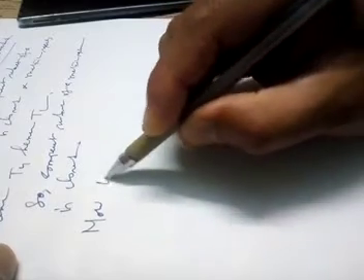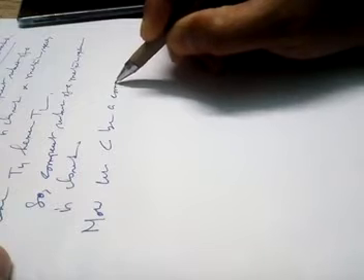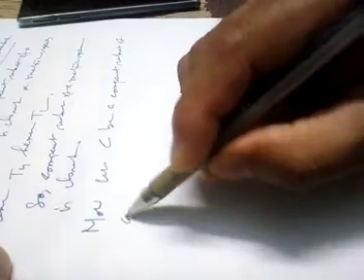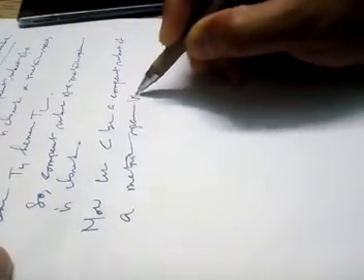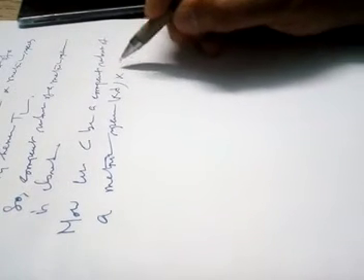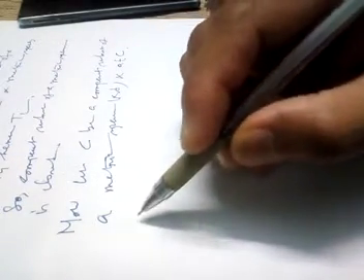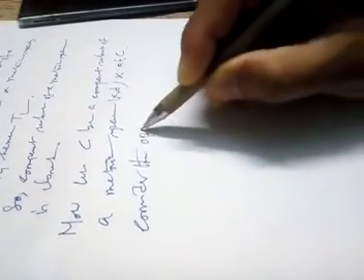Now let C be a compact subset of a metric space (X, d), and small a is any point of this C. Now consider the open cover.